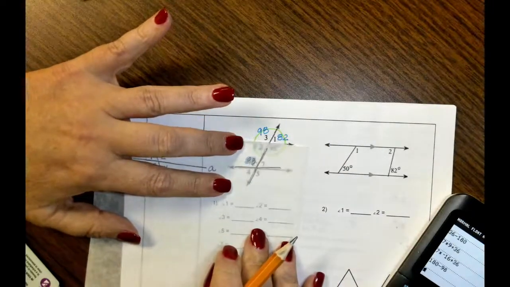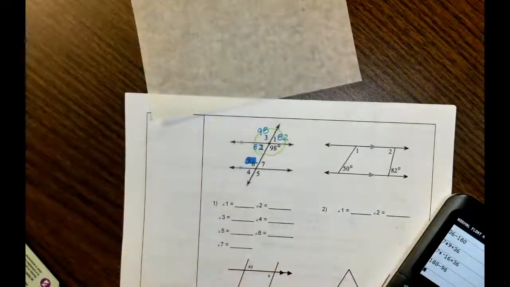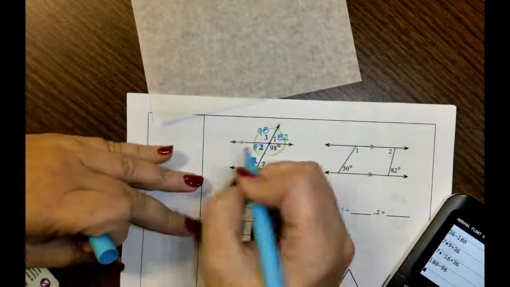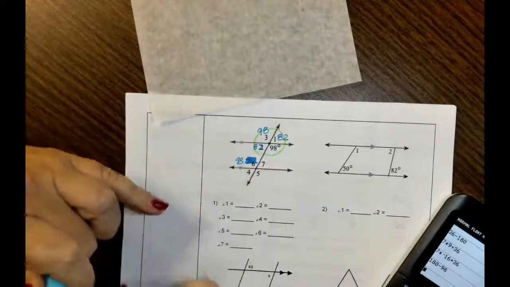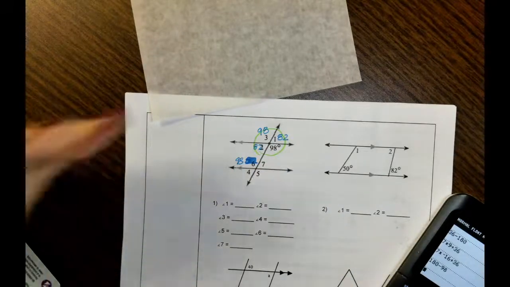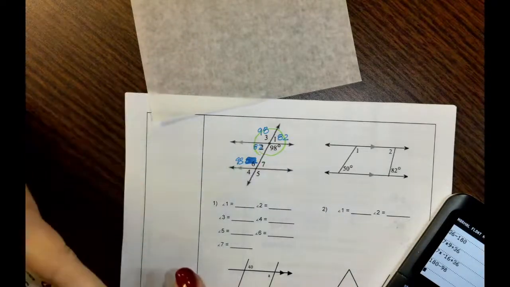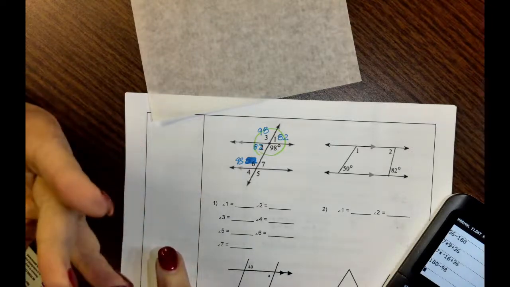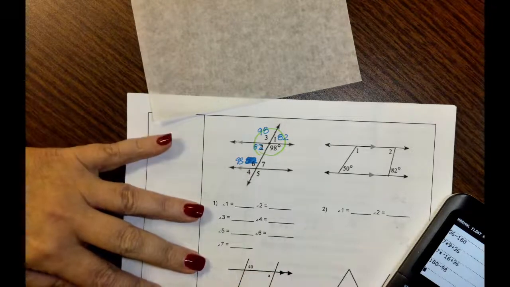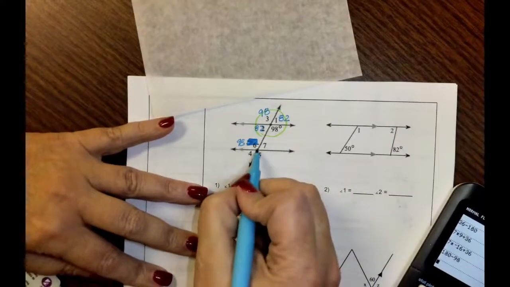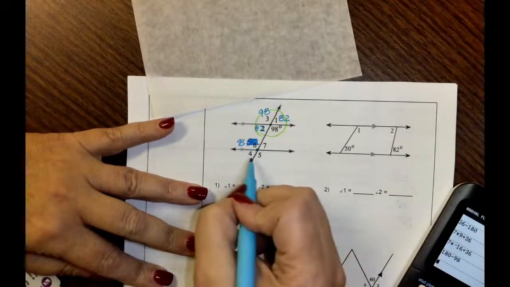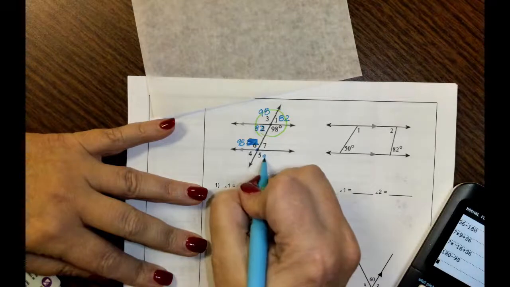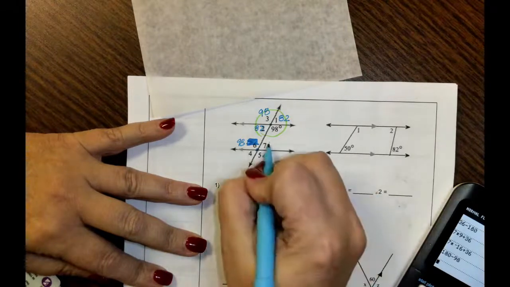That means that that angle is also. So angle 6 is 98. And then you work your way around your circle from there. As long as you know one angle, you can almost use whichever one you want, corresponding, alternate interior, alternate exterior, whichever is the most familiar to you, to get down to your next vertex. Once you're at that vertex, then you have linear pairs and vertical angles to work with.